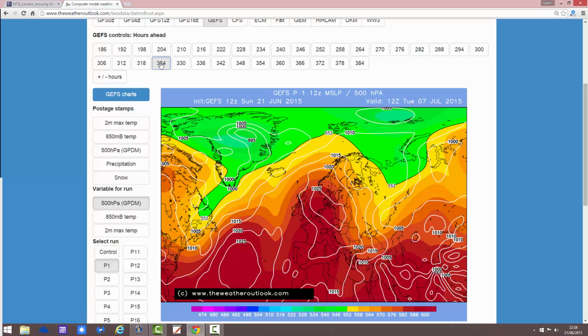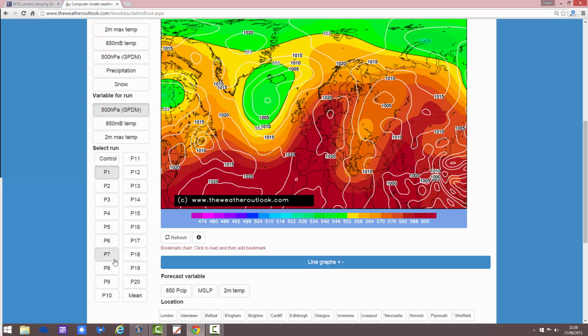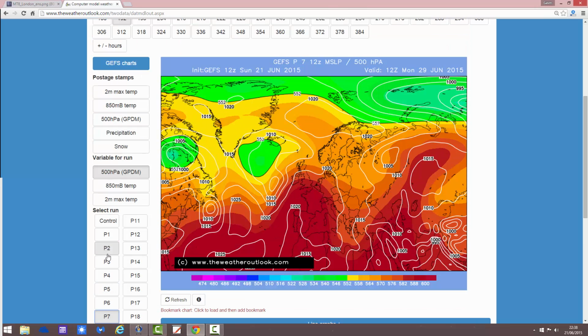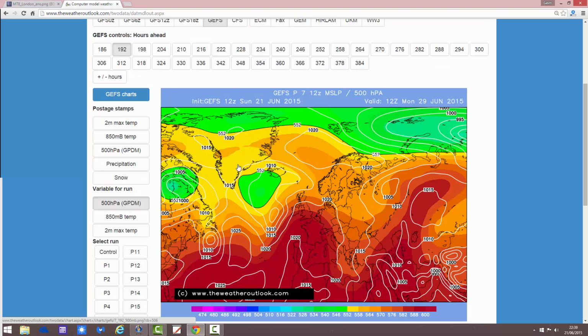So let's go back to say 192 hours away, and we'll have a look at another perturbation member. We'll have a look at number 7, shall we? And this is what P number 7 is showing, ensemble member number 7, for 180 hours away, Monday the 29th of June. We see this one has high pressure around Western Europe, low pressure out in the Atlantic. How does it develop?